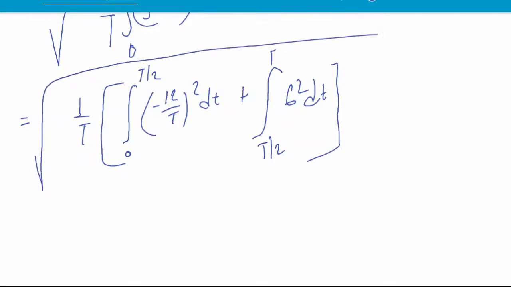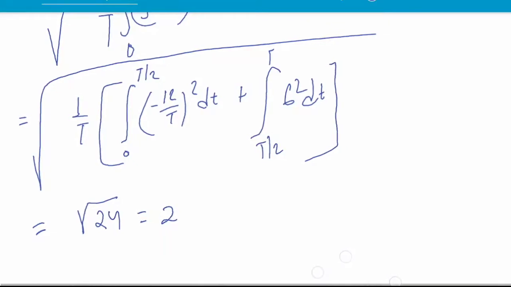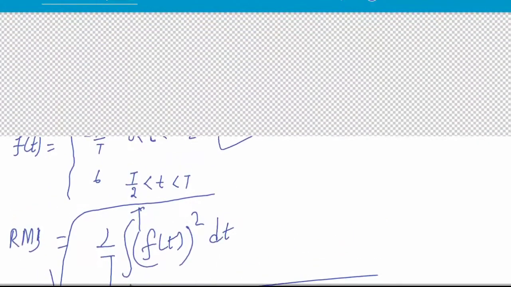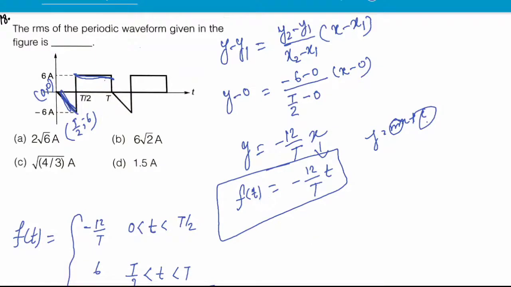If we solve this, it will be coming to be root of 24, I am not calculating details, root 6 ampere. So here the option 2 root 6, option A is the correct answer.